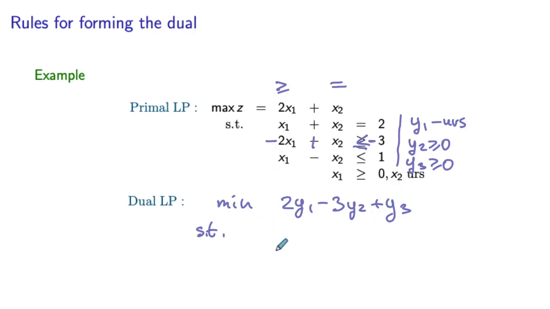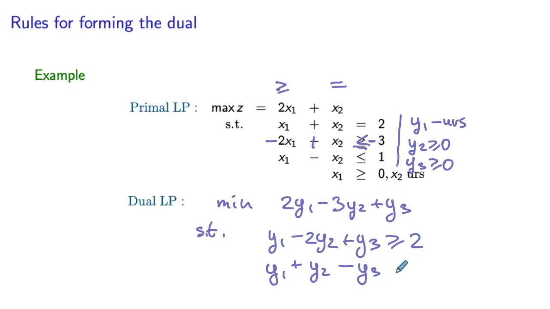Okay, so the first constraint is gonna be 1 times y1, so y1 minus 2y2 plus y3 greater than or equal to 2, the coefficient in the objective. And the second constraint will be of the equality type, so we'll have y1 plus y2 minus y3 is equal to 1, the coefficient for x2 in the objective.